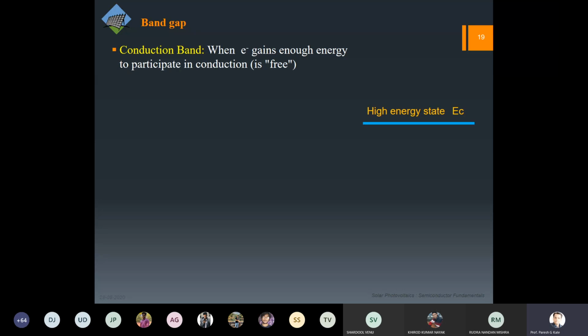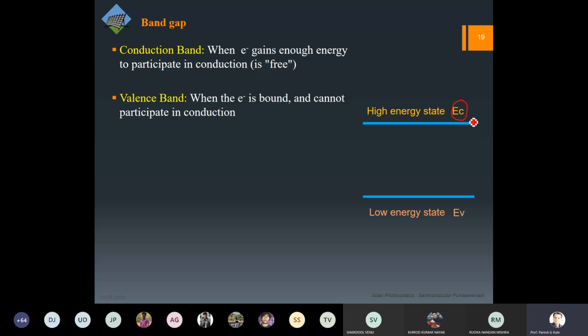So there are two bands, as I have already told. One is the conduction band, where the electron now has enough energy, what we call free, and it is free to conduct. That's why it is called free. Normally this is the higher energy state, and that energy can be denoted by EC. C stands for conduction. Then we have the valence band.